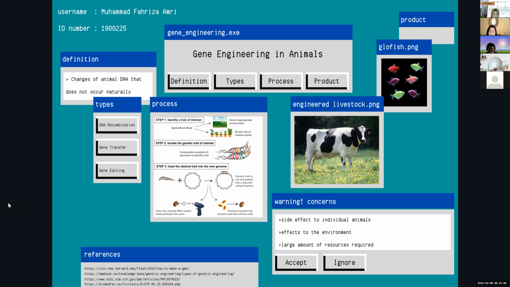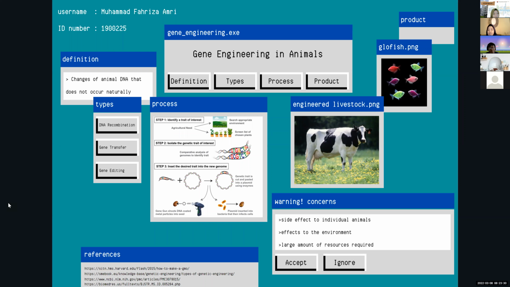I would like to summarize the points that Fahriza has explained. The first is the definition, which is changes of DNA that don't occur naturally. He also explained the types, of which there are three.